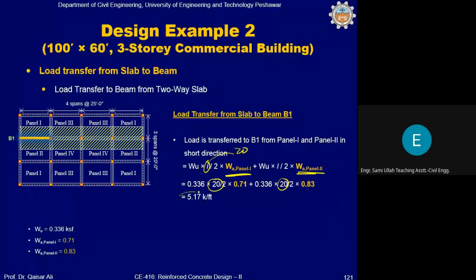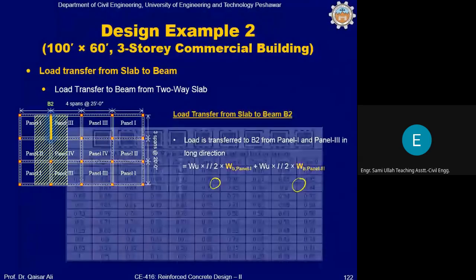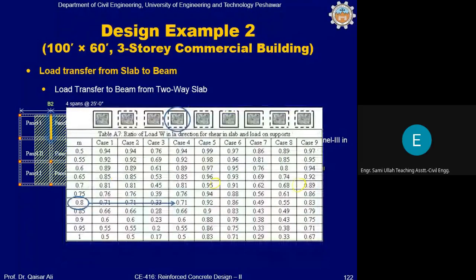And the load coming on B1 is 5.17 kip per foot. ये हम डिटेल में ऑलरेडी कर चुके हैं, सही? Yes, sir.